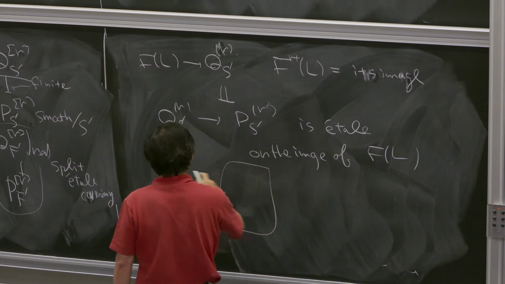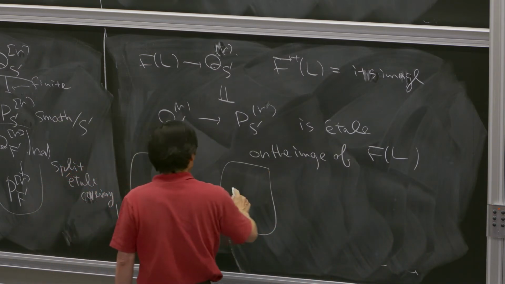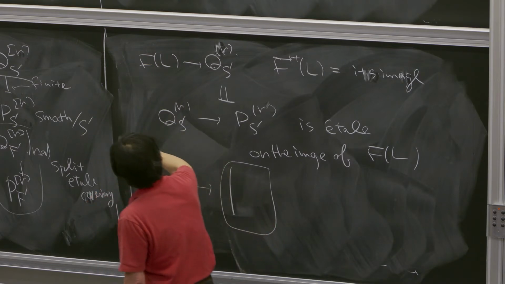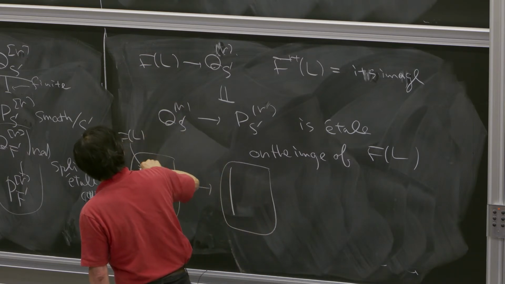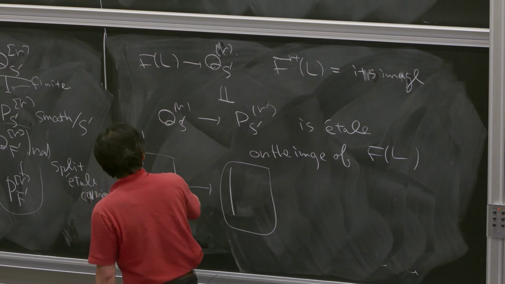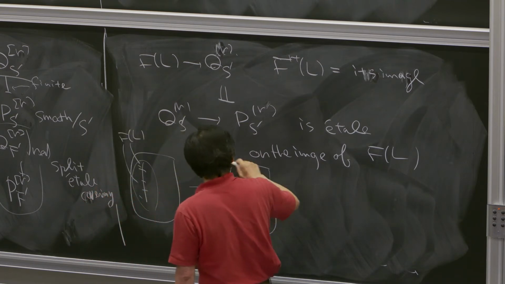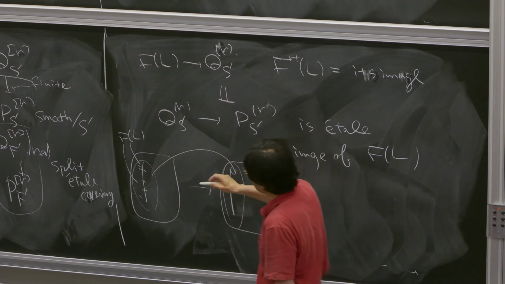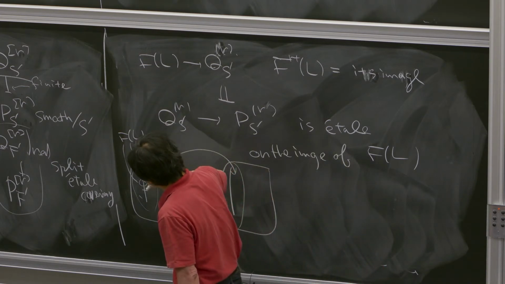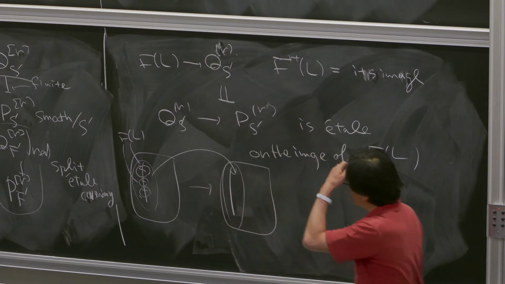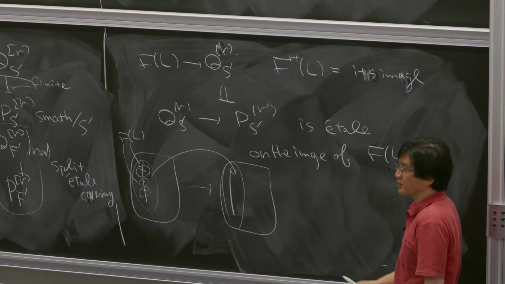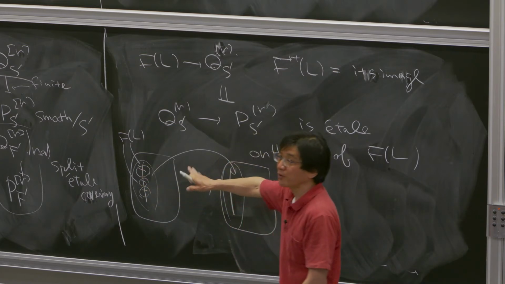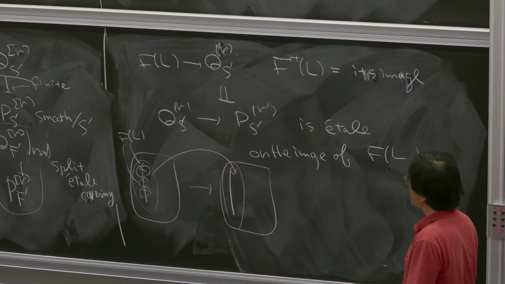So we have a finite motion, and we look at the closed fiber, and we have the image of FL. And we want to know that this map is eta on the image of the closed fiber, but we already know that this is eta on the image of these finite remaining points. And we want to extend the property to the whole closed fiber. So how can we do that?